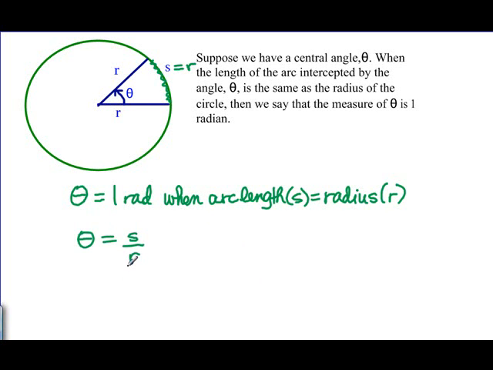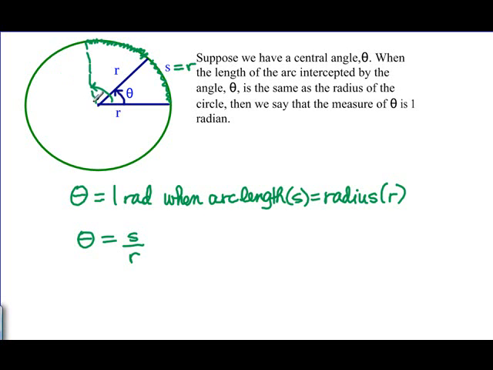We want to figure out how many times the radius goes into that arc length. If the arc length is exactly 2 times the radius, then we have a theta value of 2 radians. So if this is the length of the radius, we could move that around the circle. So what would an angle of 2 radians look like? I'm not really drawing to scale here, but 2 radians would look something like this, okay?